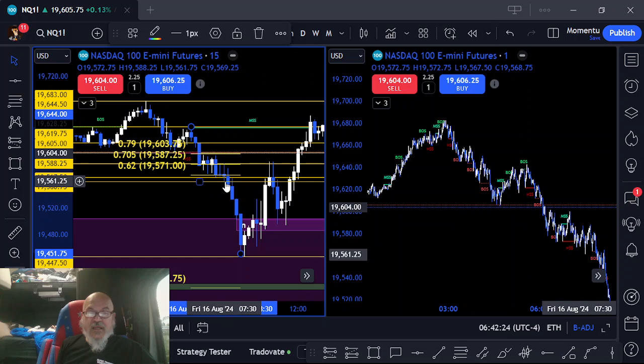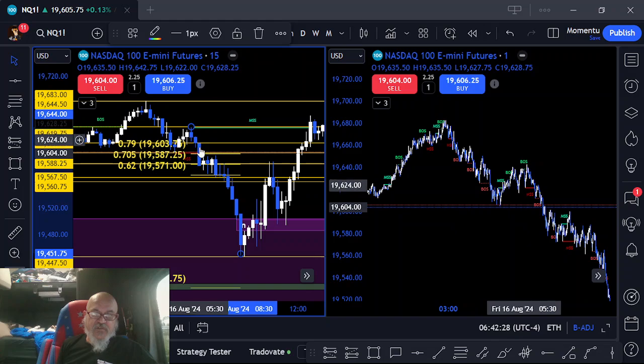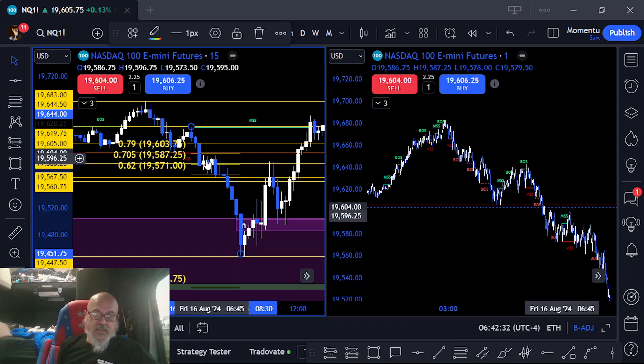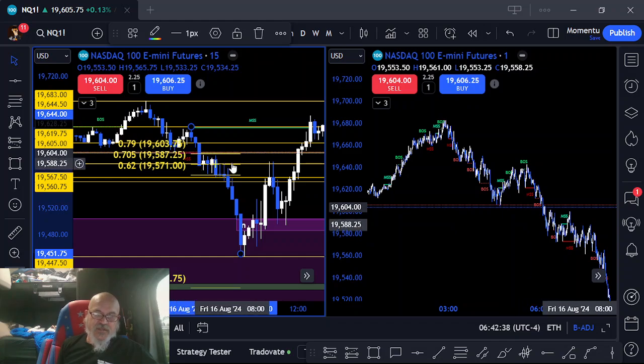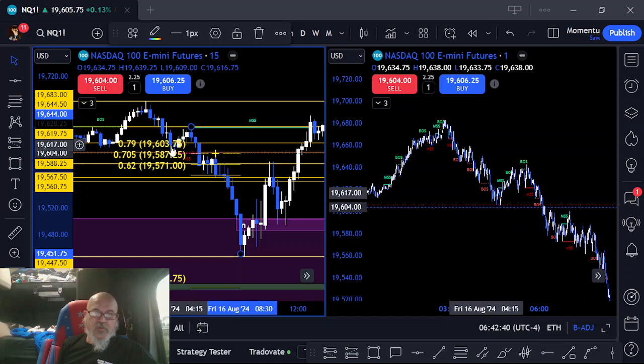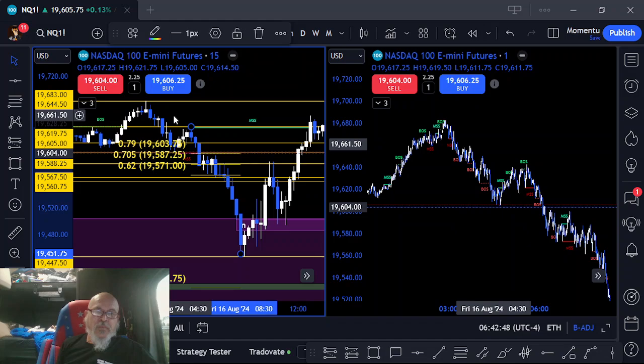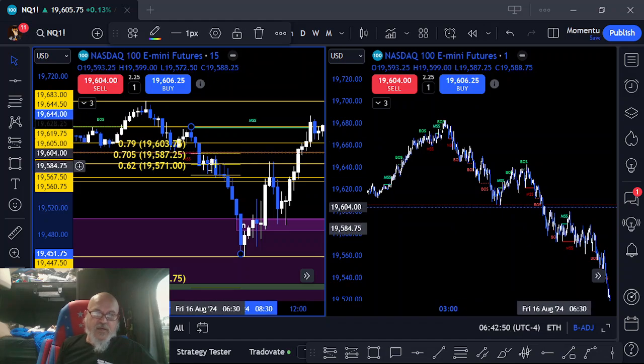Now, even better, this would have been a much better entry if I had used this, which is logical because we didn't have a pullback here. It was just consolidation. This was an actual pullback on the first down part of the leg, which means buyers tried to take control and sellers said, nope, here we go. And then we got here and buyers tried to take control, but we didn't actually have a pullback.